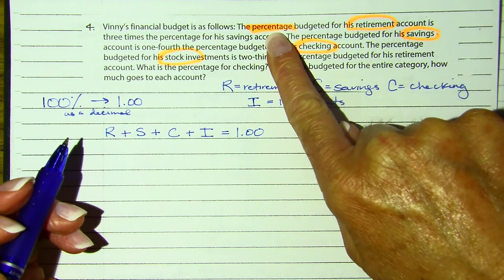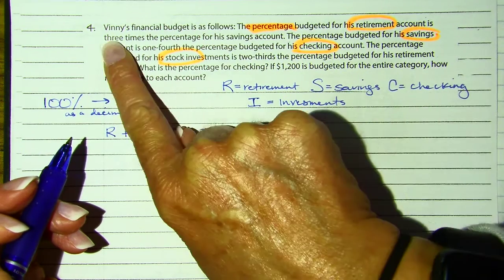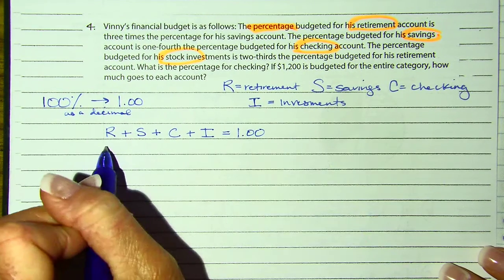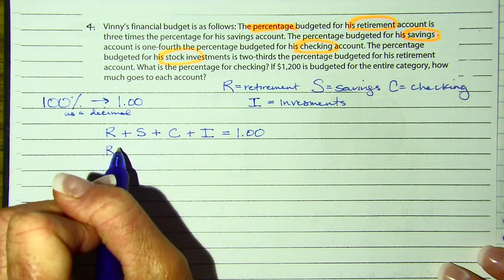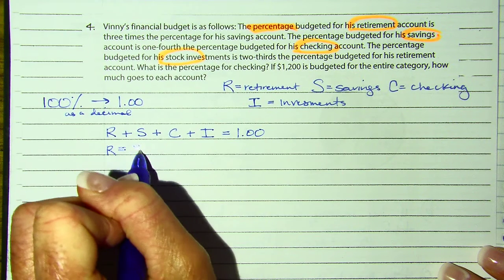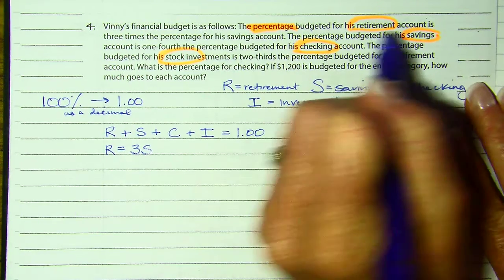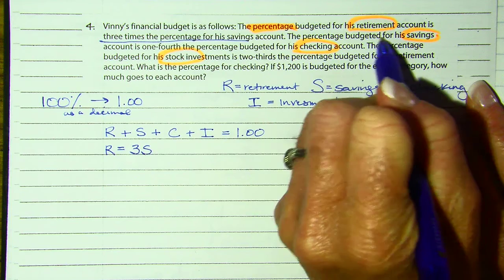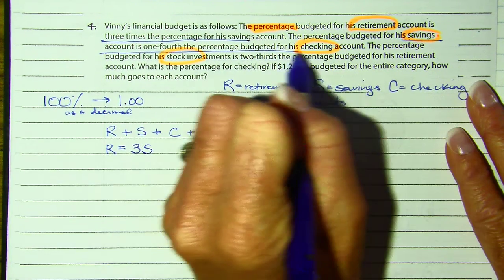The percentage budgeted for his retirement account is 3 times the percentage for his savings. So I know that, well, I'll write it here, R equals 3 times S, savings. The next, the percentage budgeted for his savings is 1/4 of his checking.